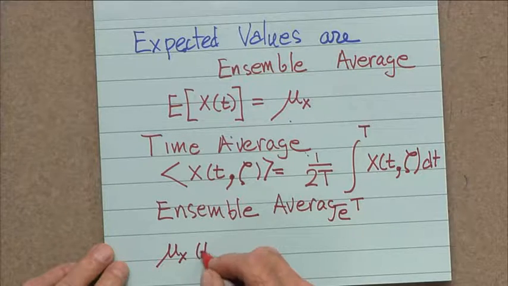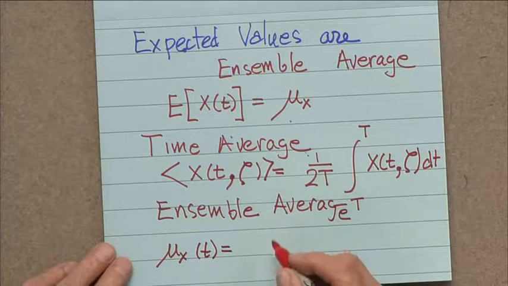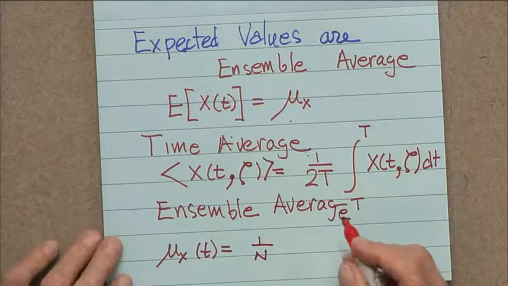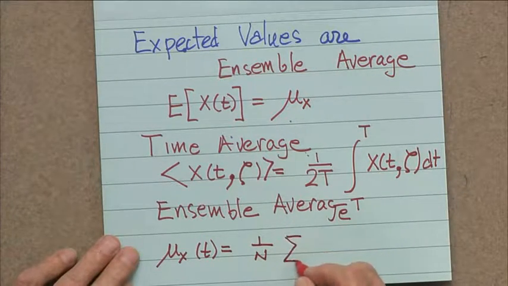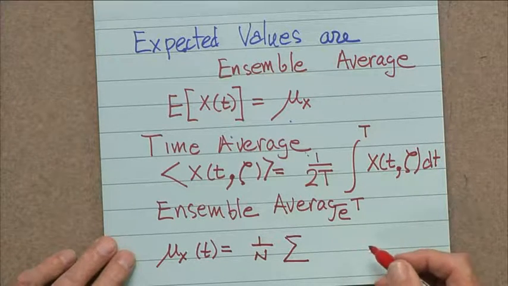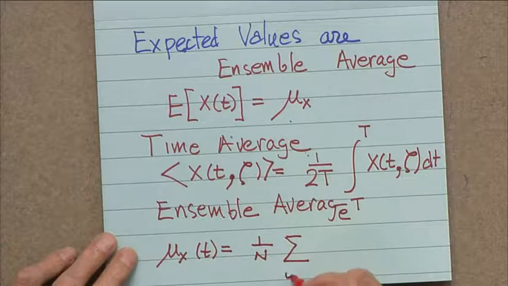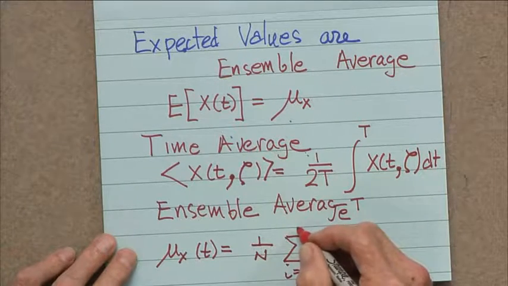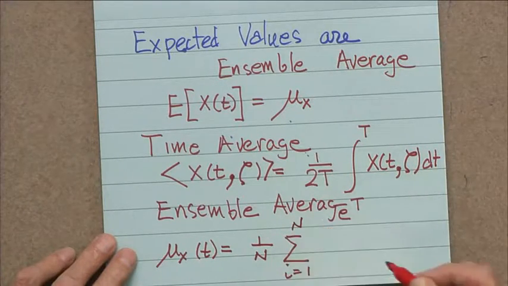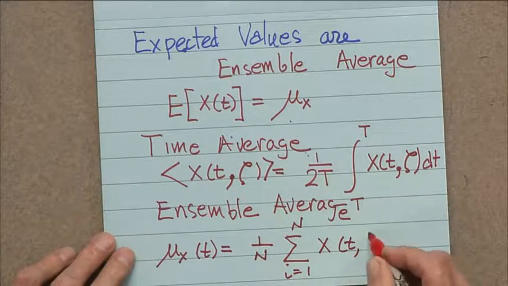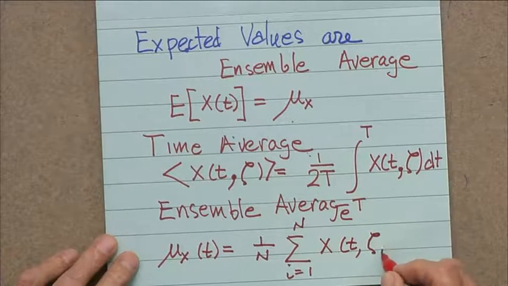Mu x of t equals 1 over N, can be a function of time, summation of i equals 1 to N of x of t, zeta i.